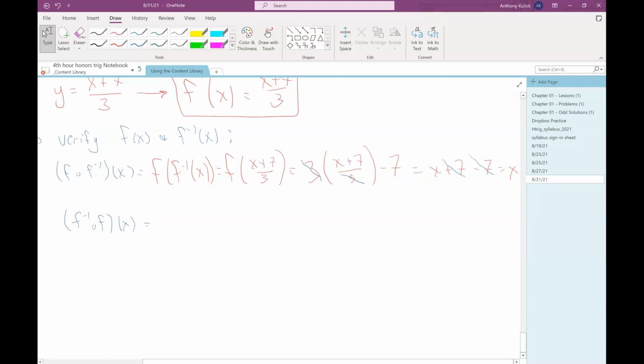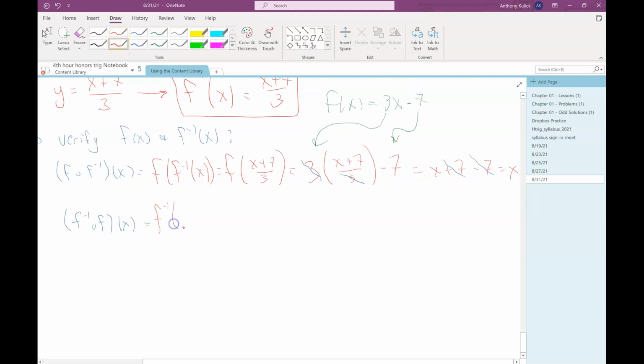Where did the 3 outside parentheses come from? So remember that in this problem, f of x was 3x minus 7. So that's where the 3 and the minus 7 are coming from. That was just the example that we used.